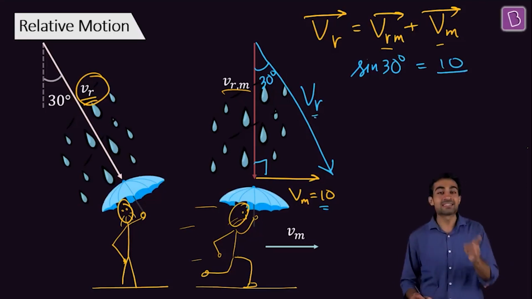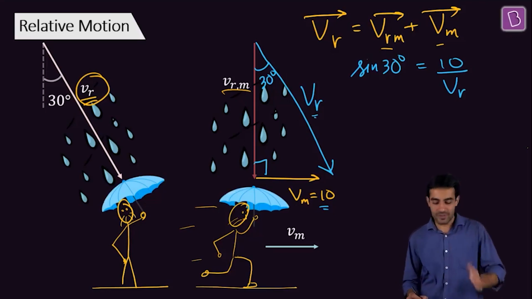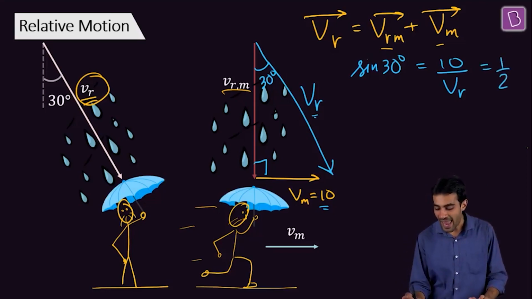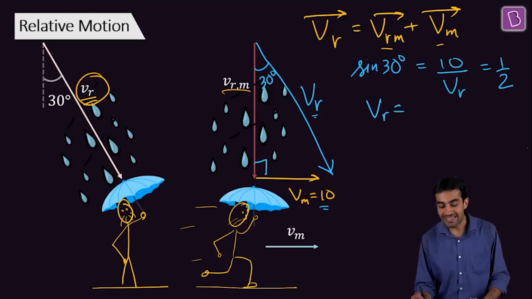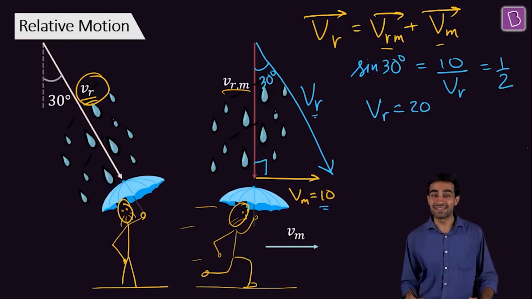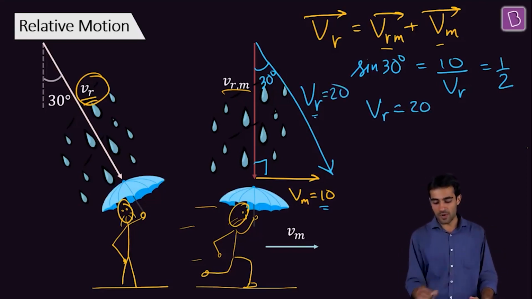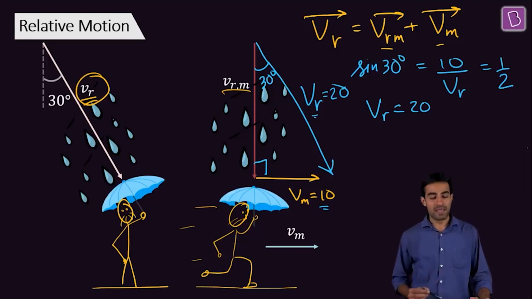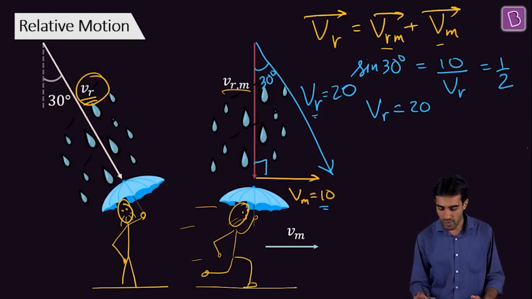The magnitude is VR. So, sine 30 can be written as half. Have we found out the value of VR? Yes, VR is equal to 20 meters per second. Very good. So, this is 20. Alright, we got one part correct. Now let's move on to the next part.